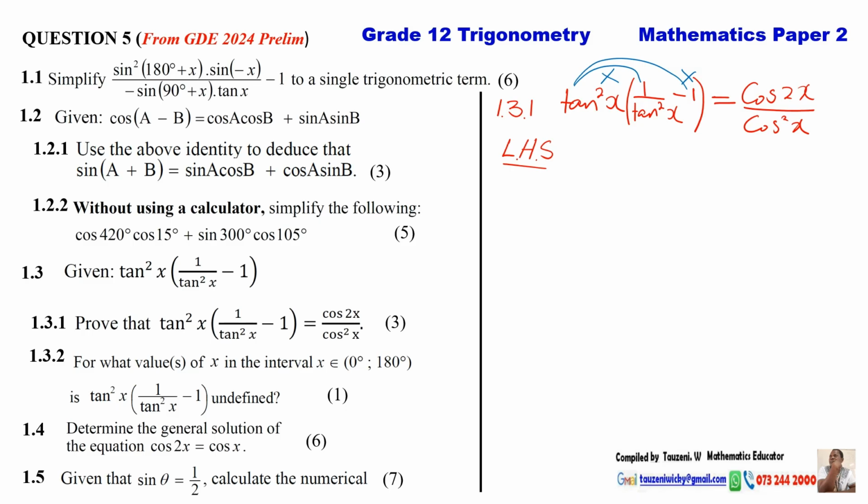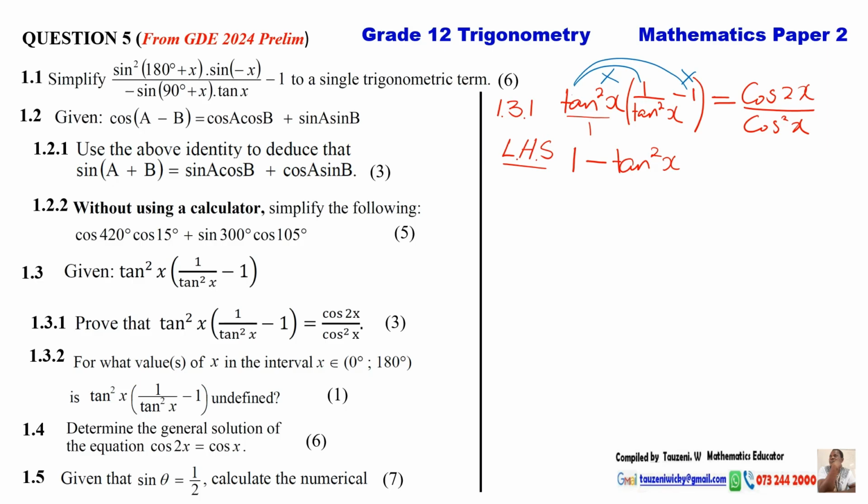So tan squared x multiplied, this one is over 1. So if I multiply, the tan and the tan are going to divide each other. You get 1 minus, then tan squared x times negative 1 is going to give us tan squared x. So our answer to this question is 1 minus tan squared x after removing the brackets.